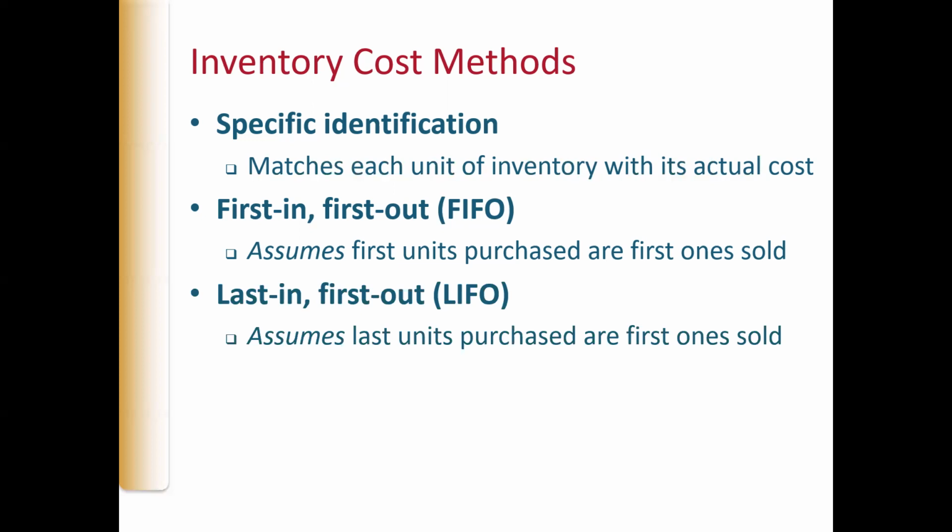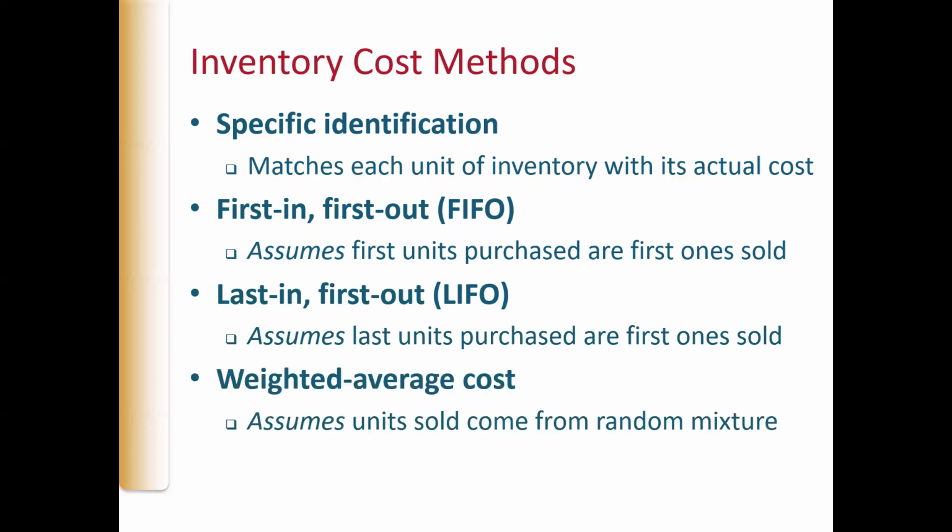LIFO assumes that the last units purchased are the first ones sold. Now we know we're not going to sell them that way. We're going to get rid of our older inventory first, but we can show the costing in the financial statements that way. Then there's weighted average cost, where we take all the units and we put a weighted average on them, which we'll talk about in a minute, and all of the units get that same price.